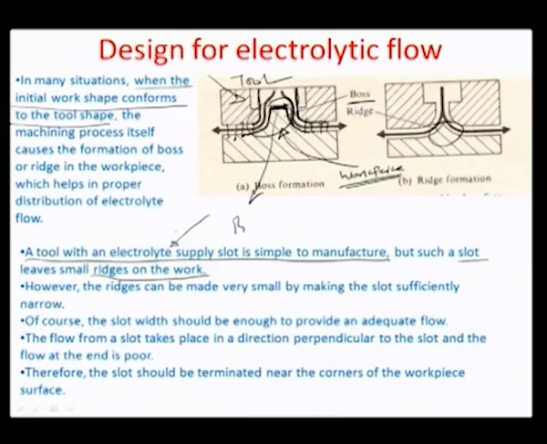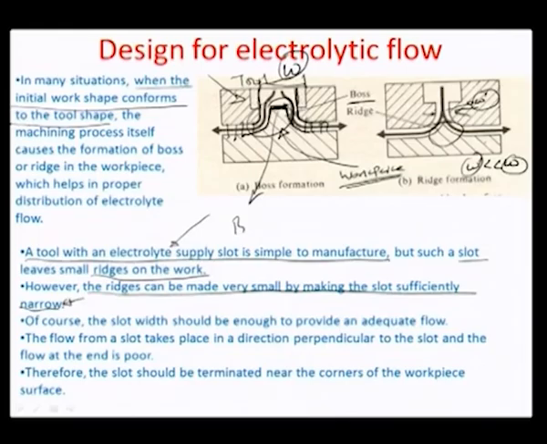So, one option can be that the ridges can be made very small by making the slot sufficiently narrow. Okay. So, instead of having this whole width W, you go for a much narrower slot, that is, let us say W dash. W dash is much smaller in comparison to W. Okay. So, that would ensure that the ridge or the boss has the minimum size possible.